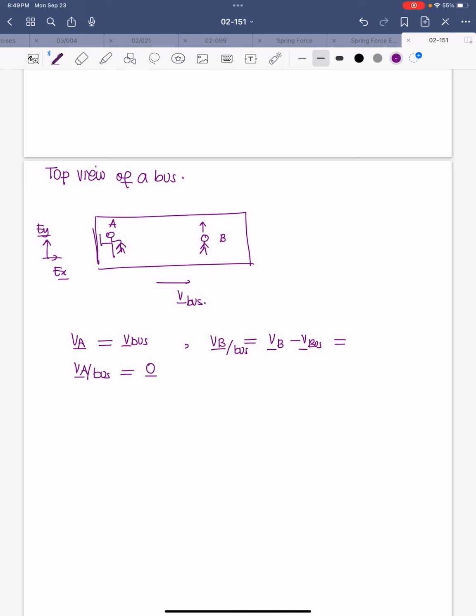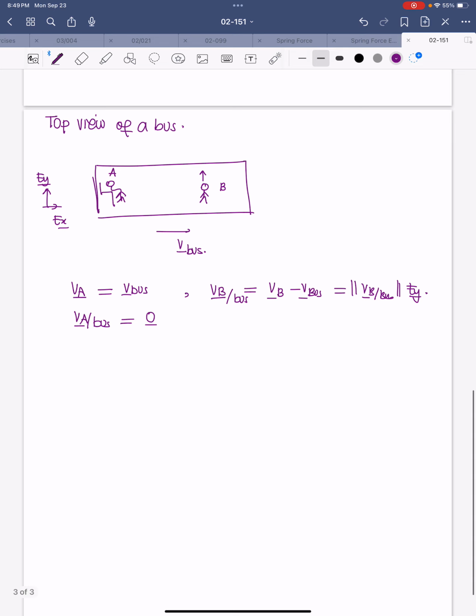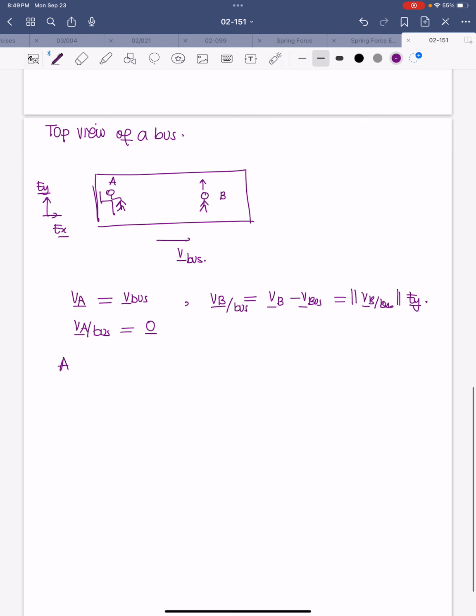So some VB with respect to bus along EY. So that an observer fixed to the bus like A sees B moving along EY.